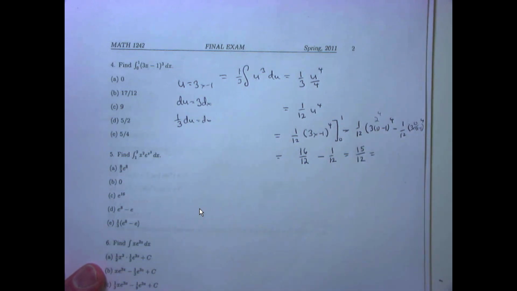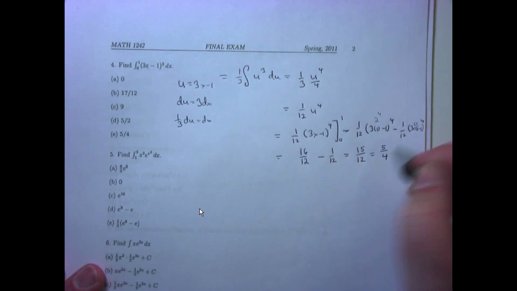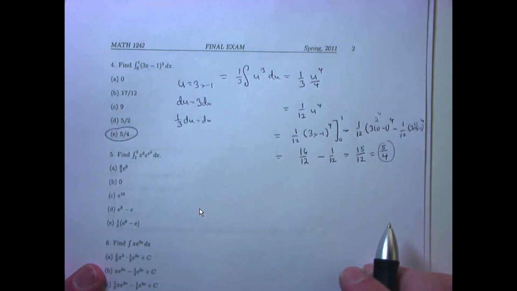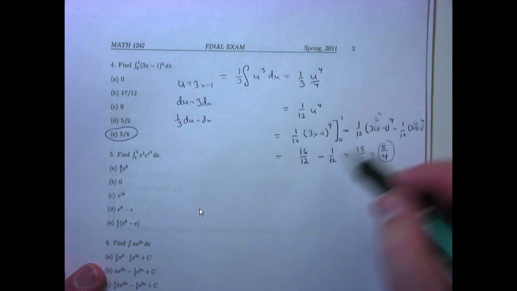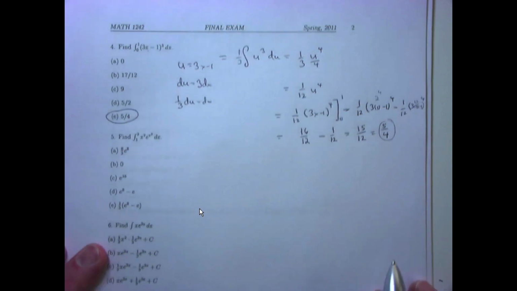This thing divides by 3. So this would be 5/4. The answer is 5/4, which is answer E. And no calculator, but the numbers, even the fractions, are relatively simple. Does that make sense? All right.